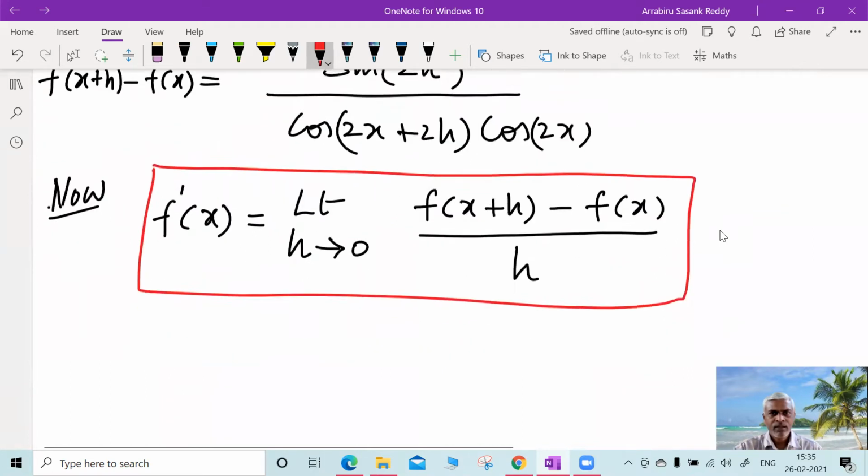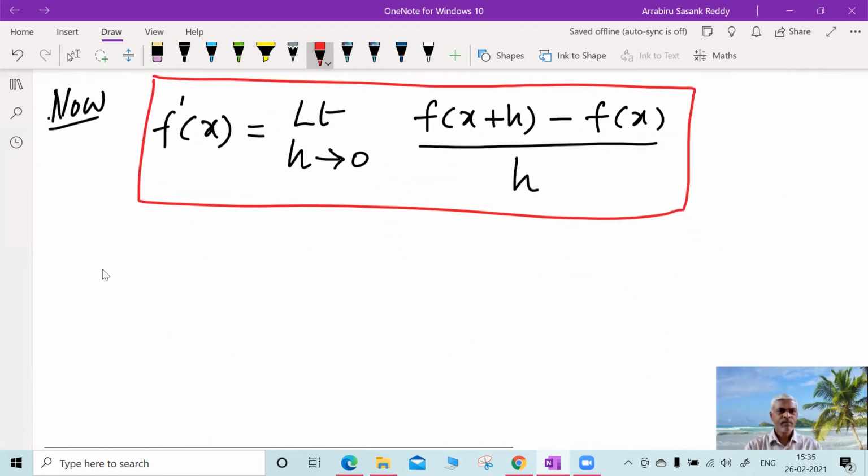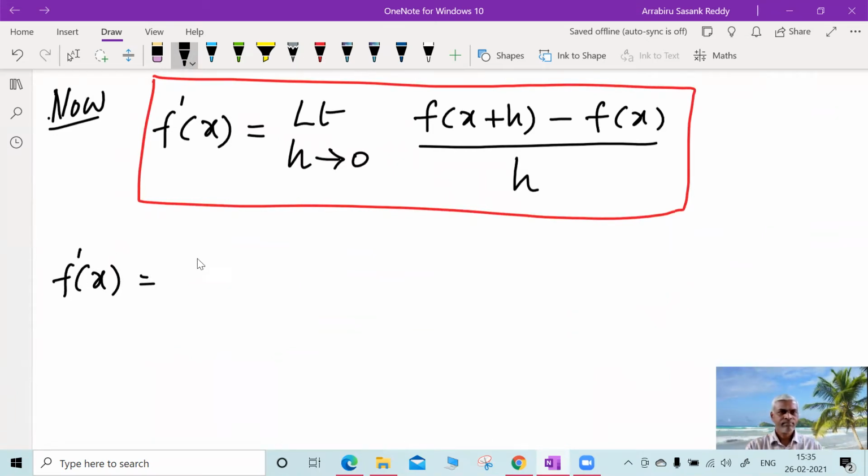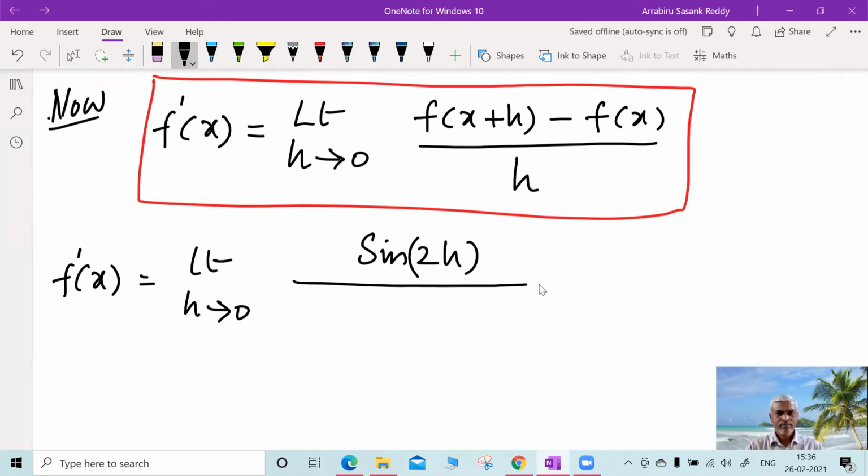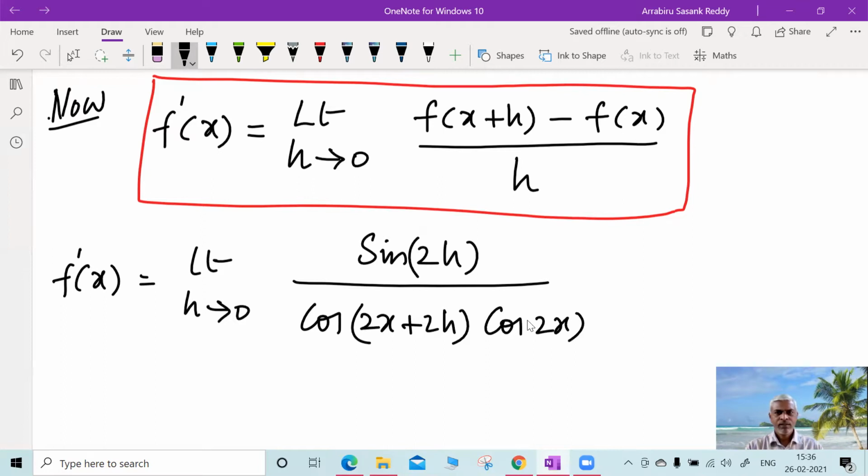So here, sin 2h by cos 2x into cos 2x plus 2h, by h.